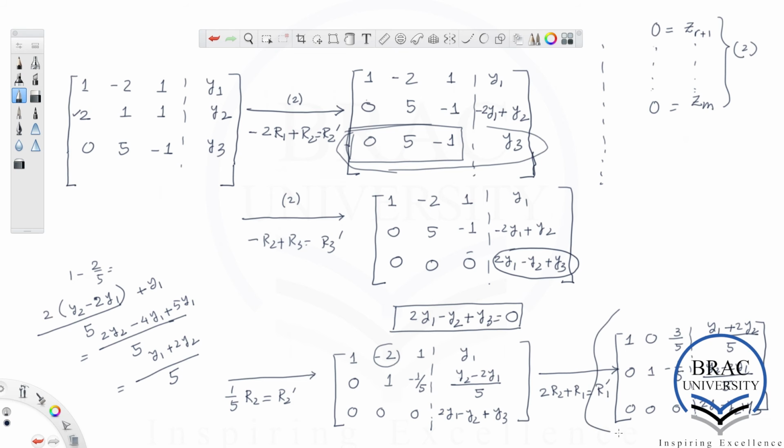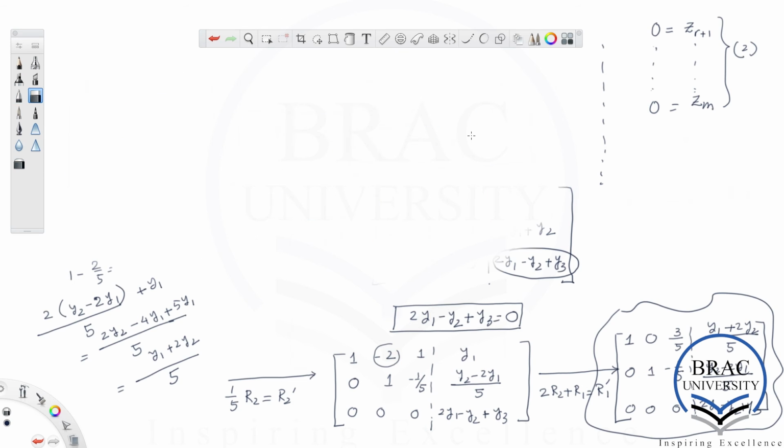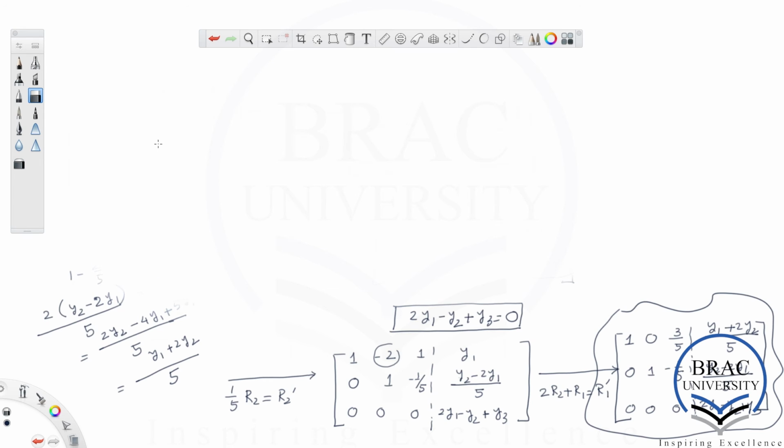So this is the final form. This is the final form of the row-reduced echelon matrix. Okay. So let me erase everything else from here.